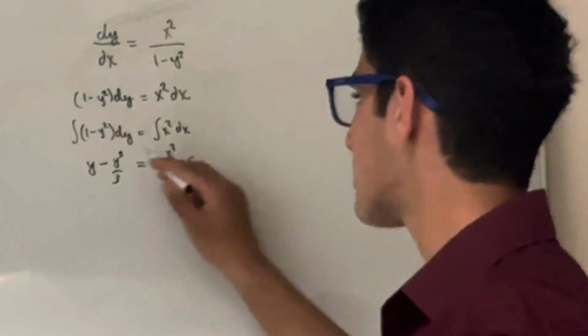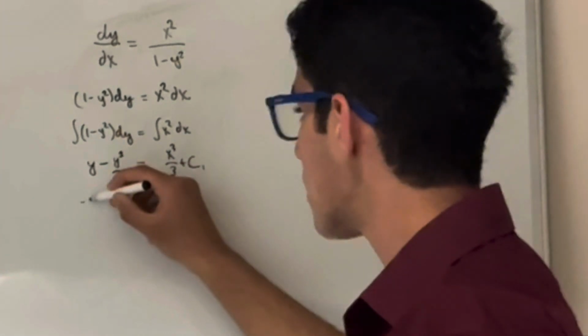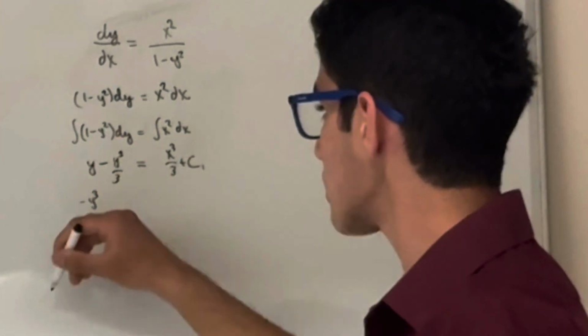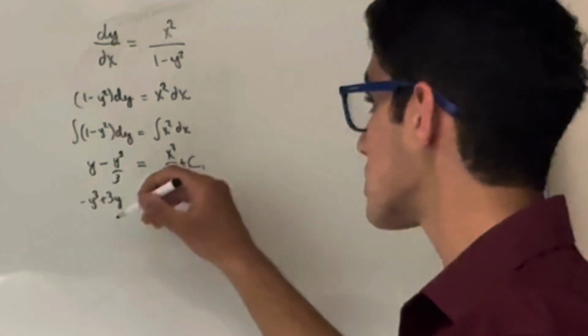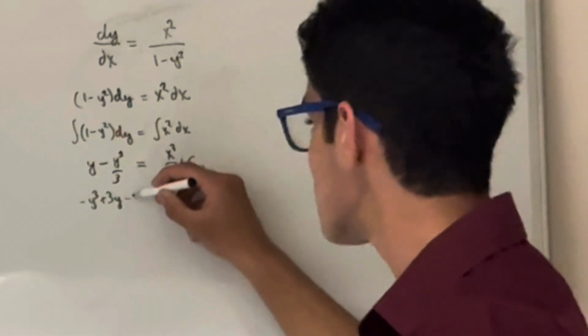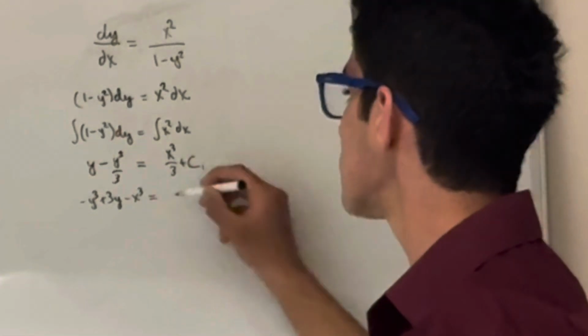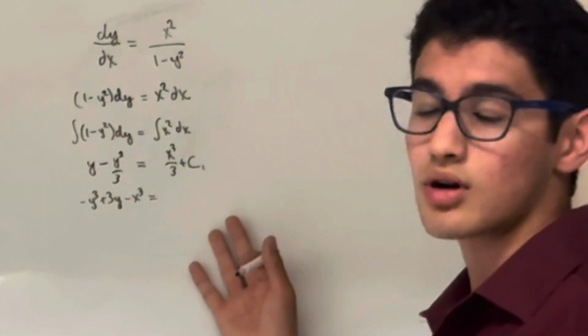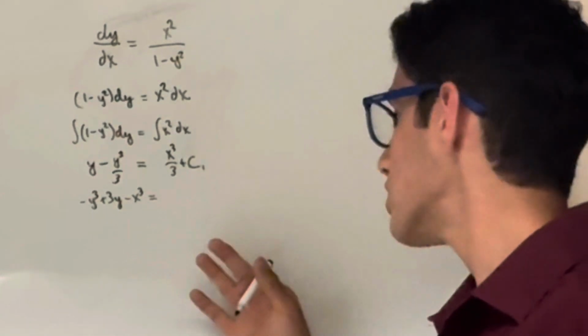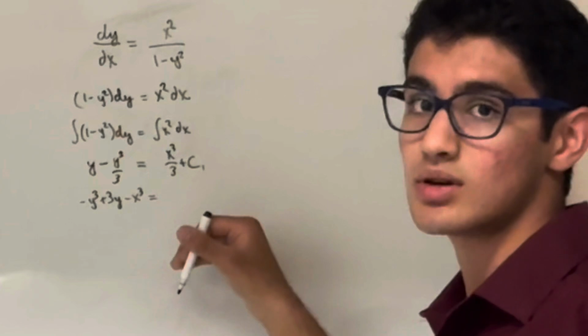We're going to multiply everything by 3 to simplify it a little. Now we have negative y cubed, so I brought that over there, plus 3y, as I multiplied by 3, so this becomes x cubed. Now we're subtracting this, so it's minus x cubed is equal to 3c1, right? We're multiplying by 3. We can just call that a new constant of integration, a new one. So 3c1 is going to equal some other c.